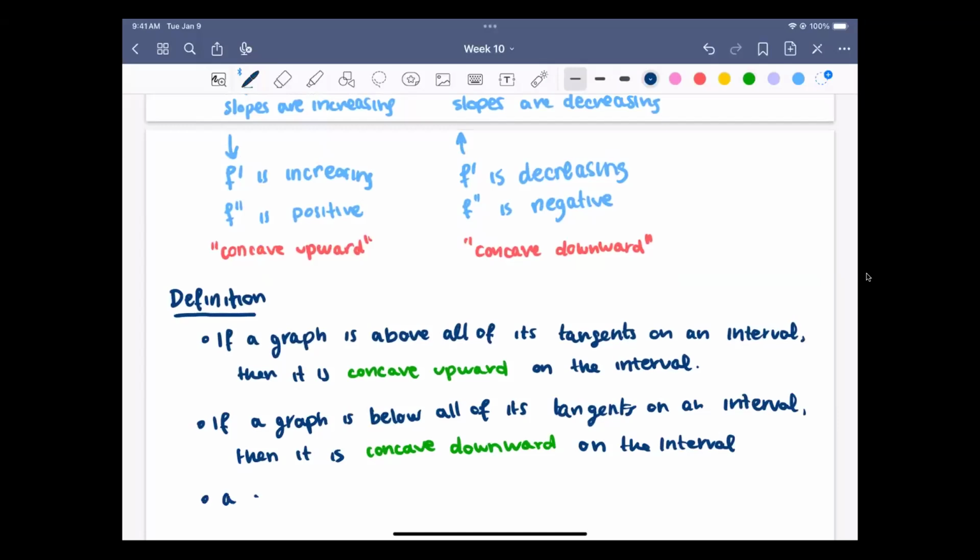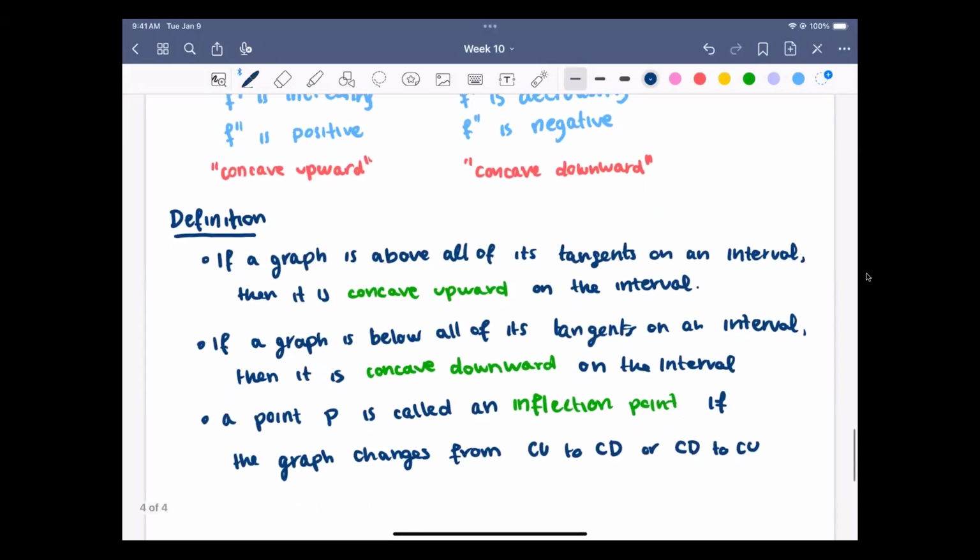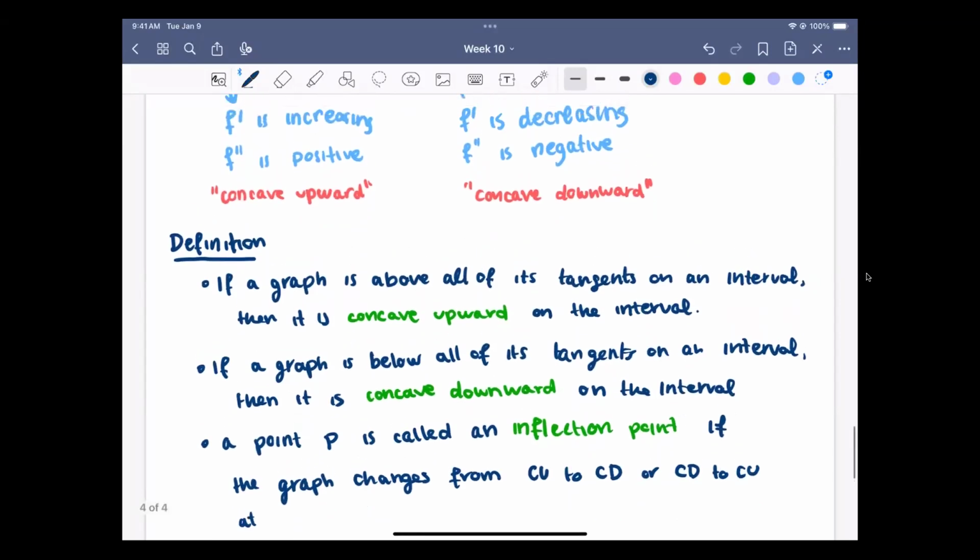So a point P is called an inflection point if the curve or if the graph changes from concave up to concave down or vice versa at the point P.